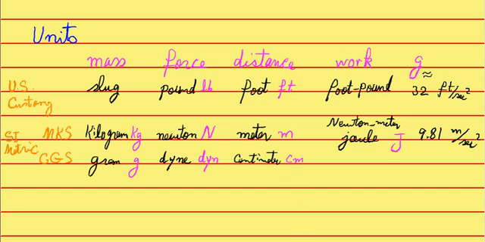The unit of work is going to be dyne centimeter, which they abbreviate to erg, and the abbreviation for that is again itself. The value of g in this system is approximately 981 centimeters per second squared. So numerically it's 100 times bigger than that one.